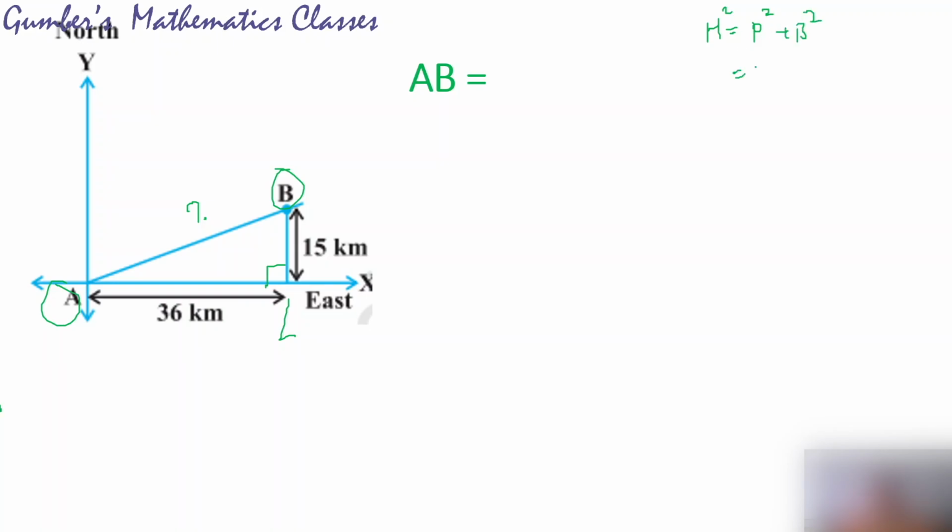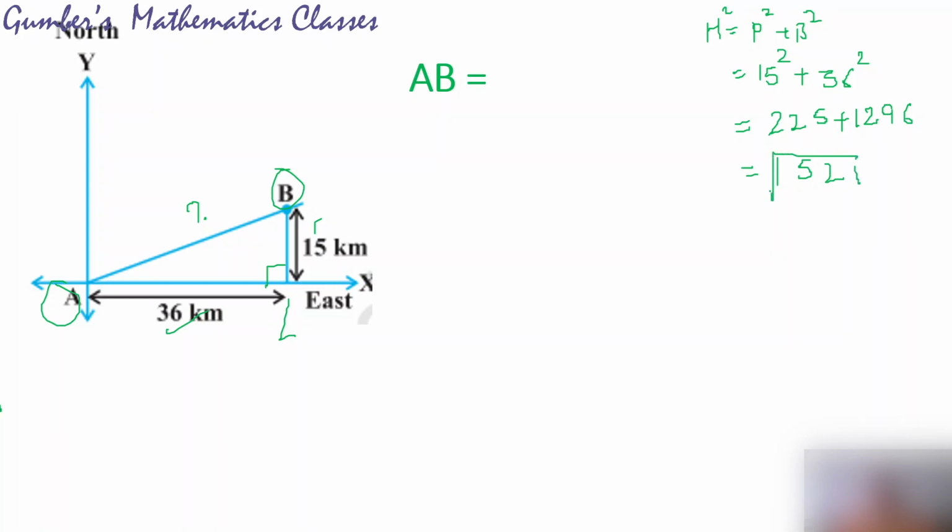Now in this case, what is the length of the perpendicular? Perpendicular is 15. Therefore, perpendicular square means 15 square plus base square means 36 square. This is equal to 225 plus 1296, and the sum of these two numbers is 1521.